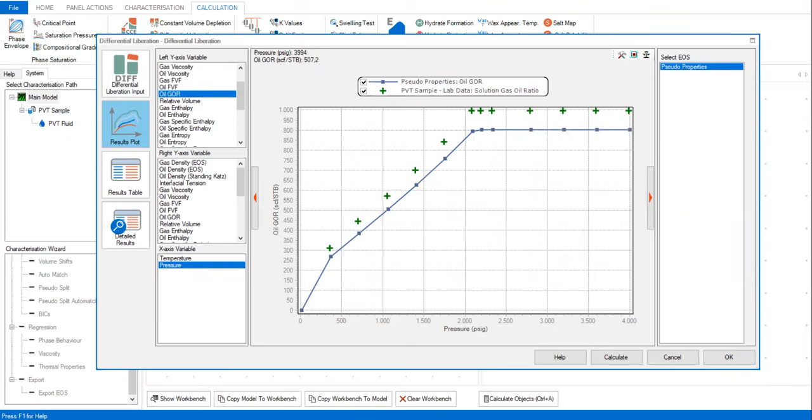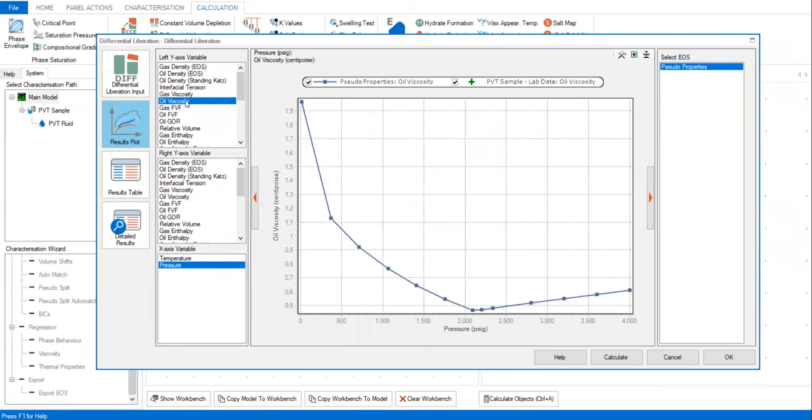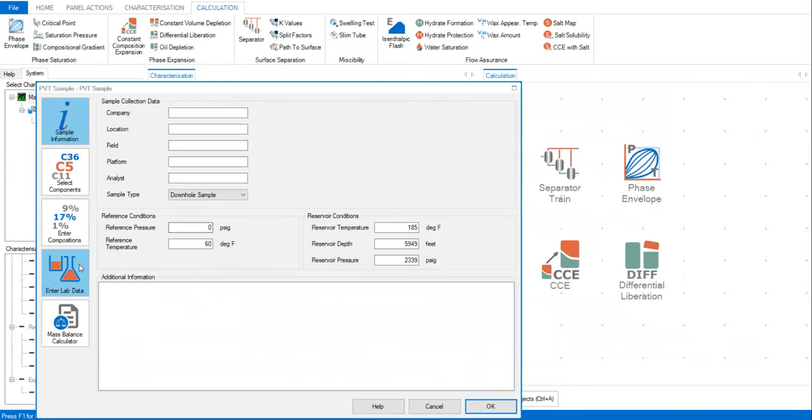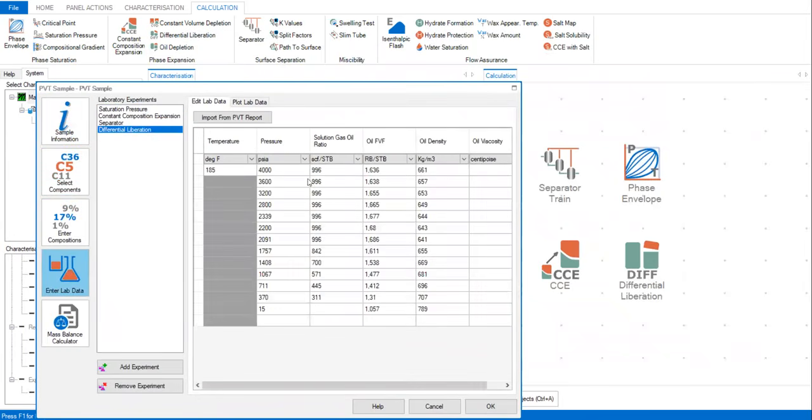All right, and for this, the other parameter that we need to check is oil viscosity. Okay, maybe I can check it first. Differential liberation, oil formation volume factor.